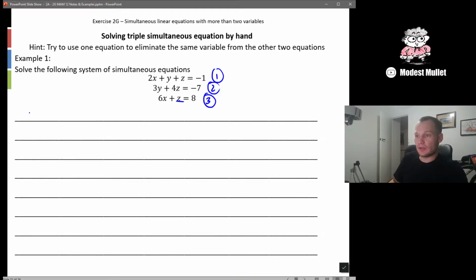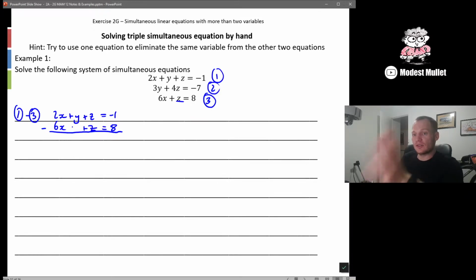So I'm going to do equation 1 take away equation 3 to start with. So I have 2x plus y plus z equals 1, and I'm going to take away 6x plus z equals 8. I've lined up the variables to make it easier.